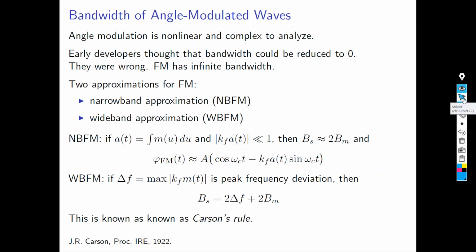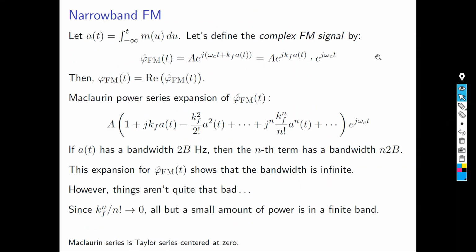Now let's look into Carson's rule in more depth, and how it is related to the bandwidth of a frequency modulated signal. So let a of t, as we assumed, be equal to the integration of the message m of u du, and let us define the complex frequency modulation signal by an exponential instead of cosine.